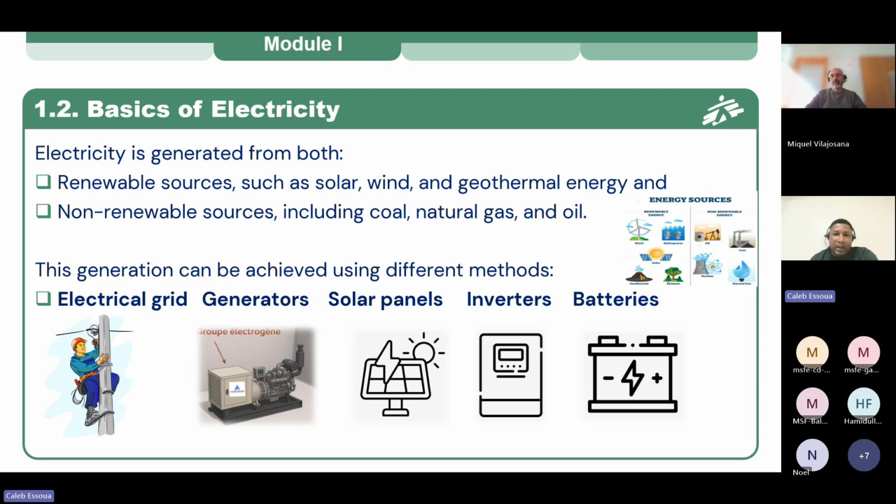This generation can be achieved using different methods: electrical grid, generator, solar panel, inverter, batteries, etc. These are things that can help us generate power. Any questions?